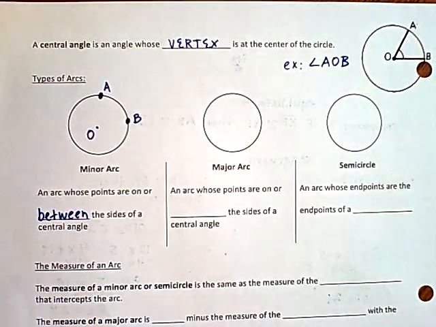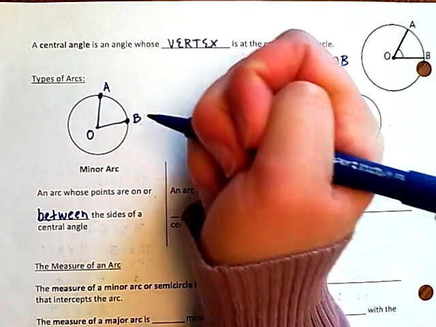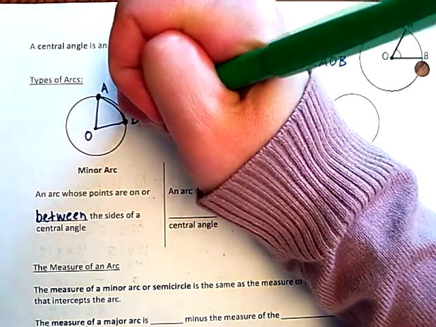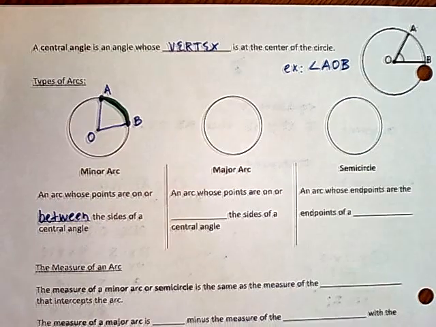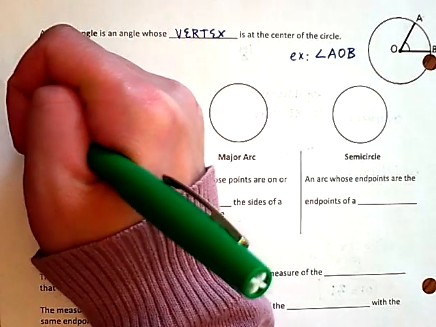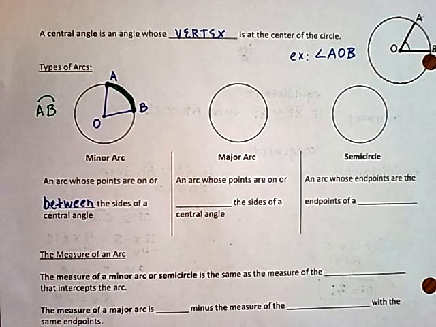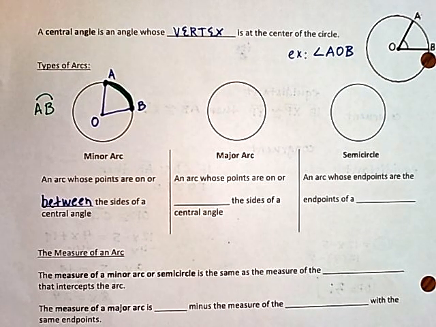Let's call it O. And then we can see there's the central angle. So the arc AB would be this part I'm shading in green. The way we would name it is we would say AB, and we draw a little curved line above it. So we would read this as arc AB, okay?